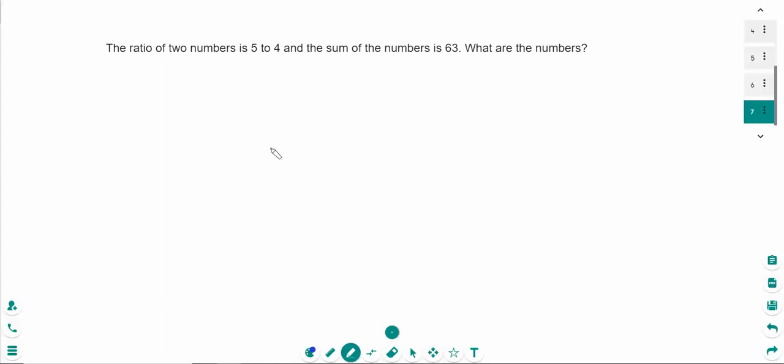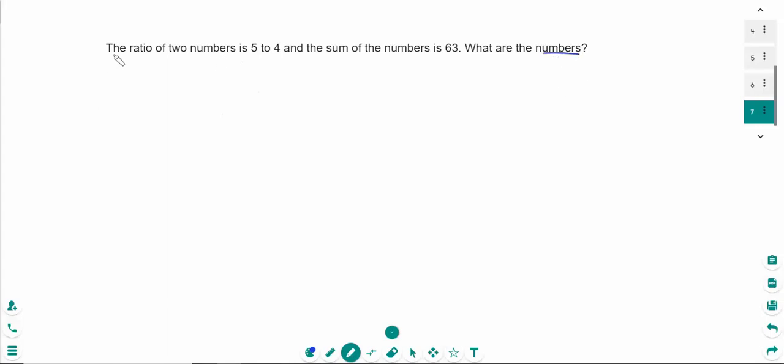This is an interesting one because here we're talking about ratios. We're going to have to dig back into our memory bank and remember how to work with ratios, and in particular proportions. They're saying the ratio of two numbers is 5 to 4. We're dealing with two numbers, and that's what they're asking for in the end.